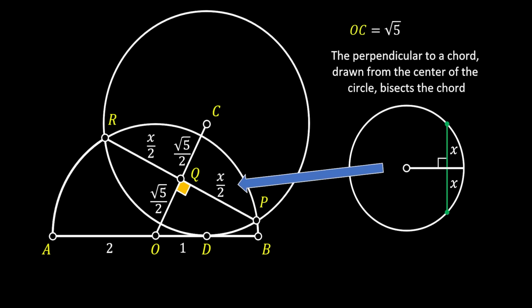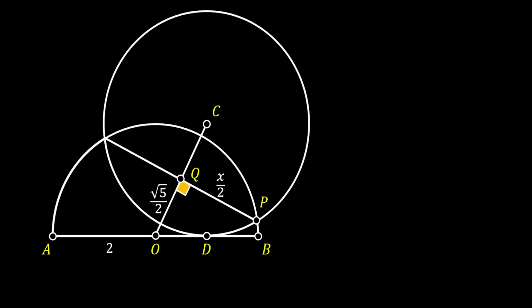Alright, so now let's clear our image once again, and let's take a look at the radius of our semicircle OA. We can rotate this radius to the point P, and if we do this, we will form this really awesome right angle triangle OPQ.